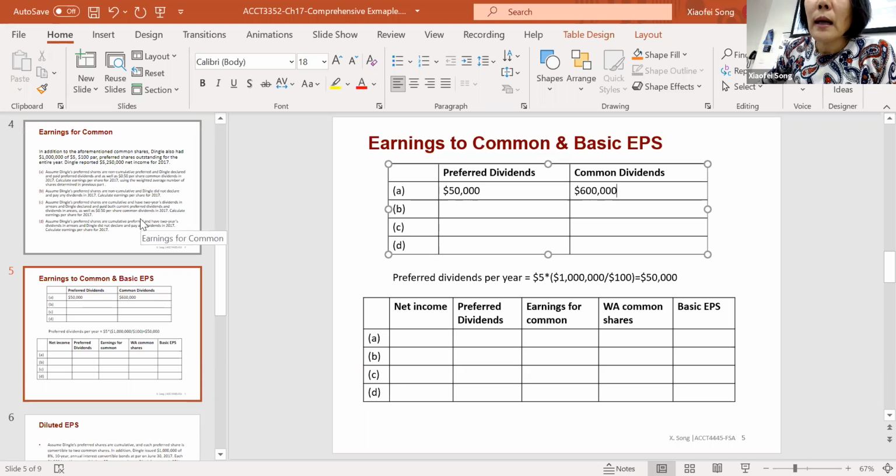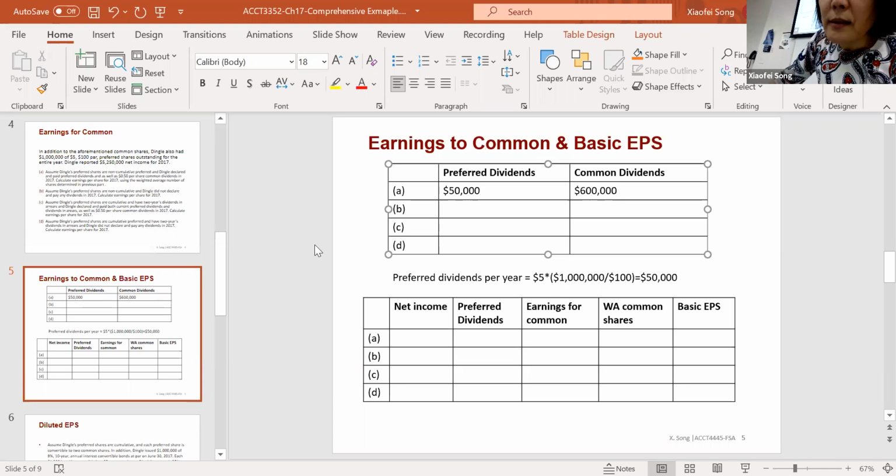And the next, that's situation B. Situation A. Situation B, assume preferred shares are non-cumulative and Dingo did not declare or pay any dividends. So that's easy. So no dividends for either group of shareholders.